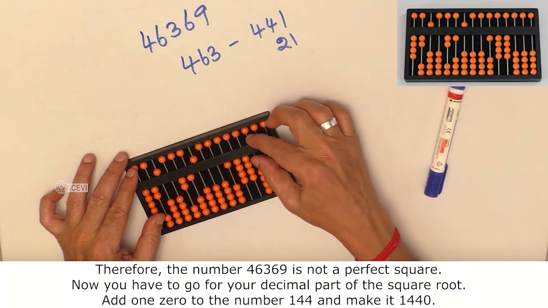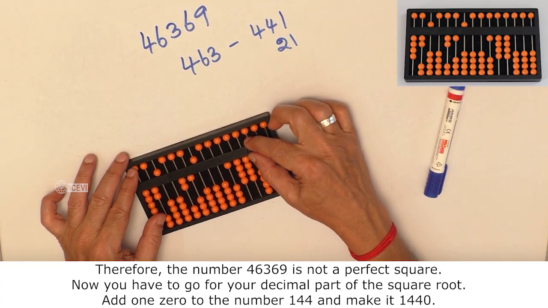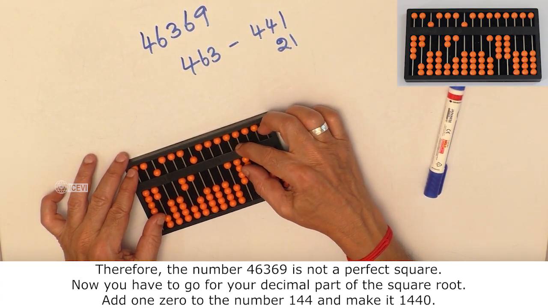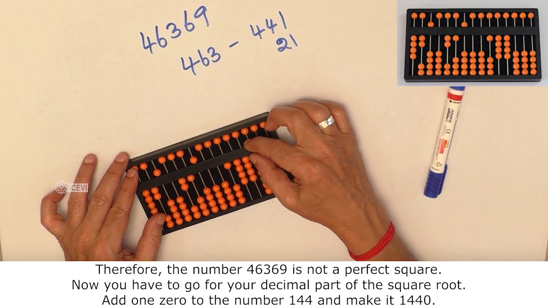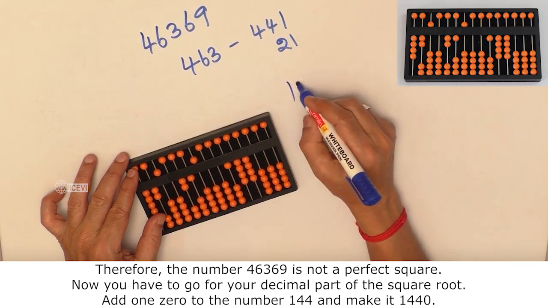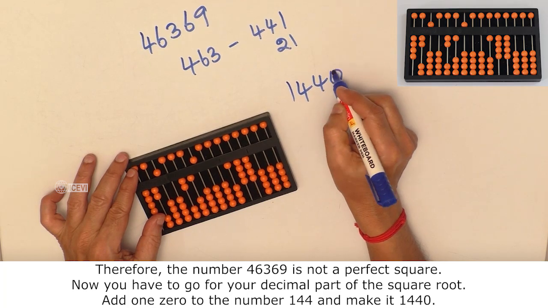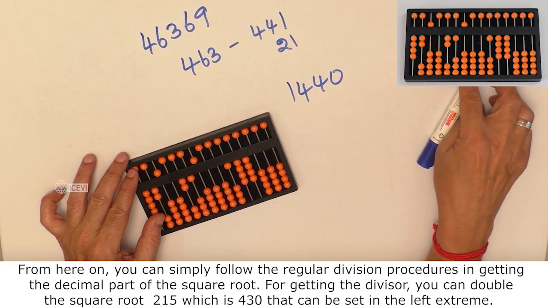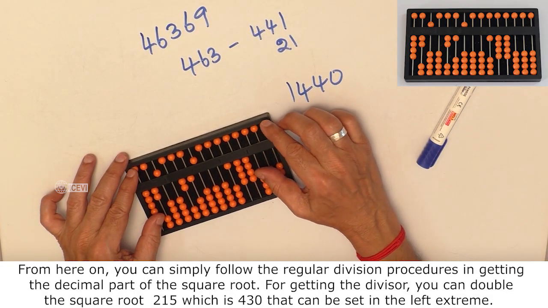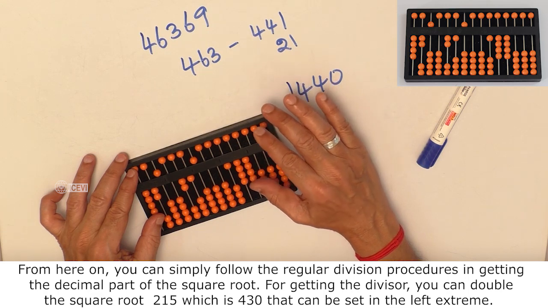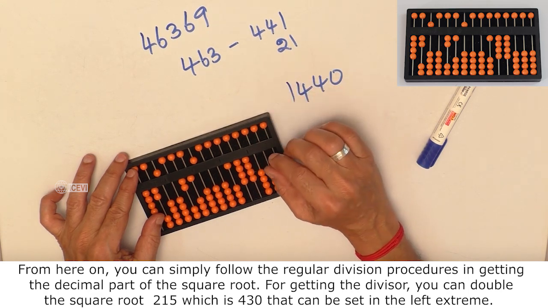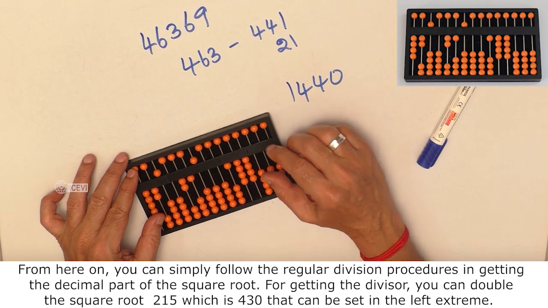Add 0 to the number 144 and it becomes 1440. From here on, you can simply follow the regular division procedures in getting the decimal part of the square root.